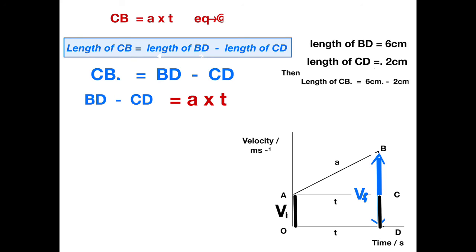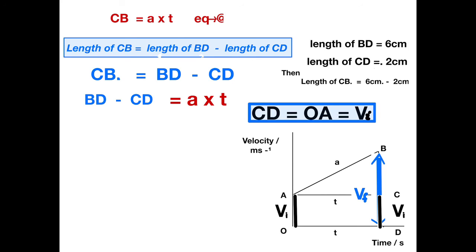And what does OA represent? It represents VI. So we can say that CD also represents VI. Hence, we can say that OA equals CD, which is equal to VI. So we can replace the term CD by VI, and we can replace the term BD by VF.